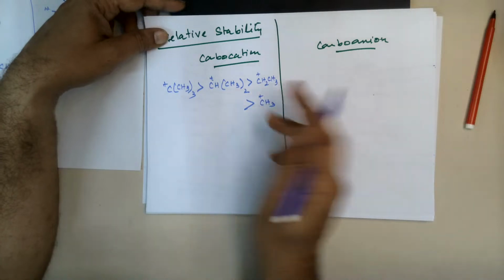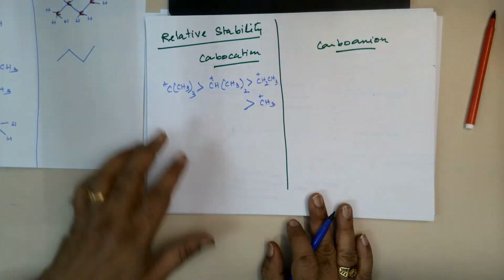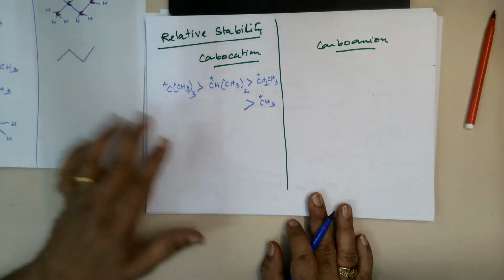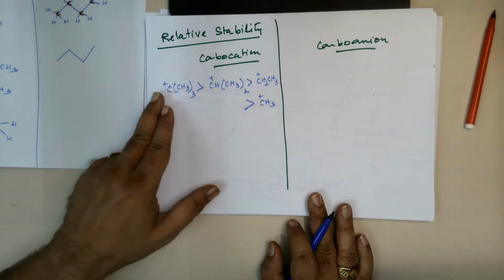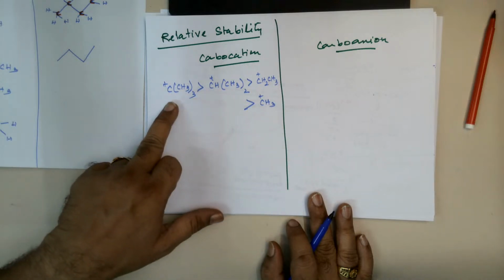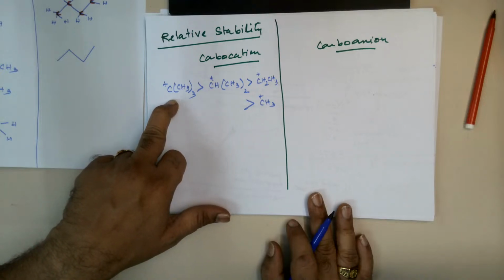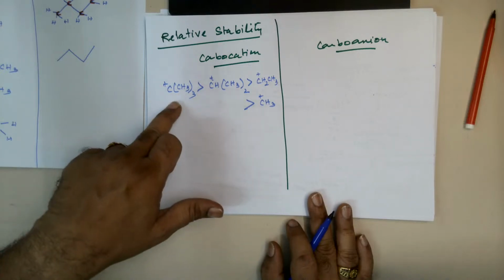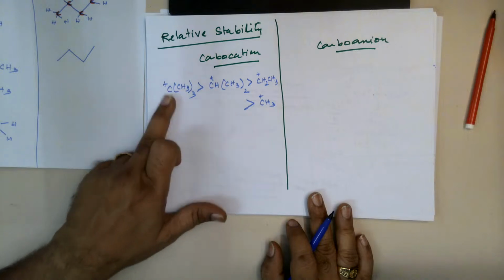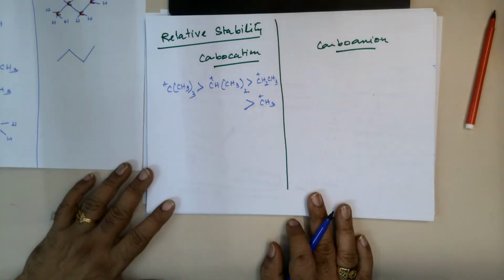So this is the way you should understand. It means the highest is this, the lowest is this. So stability wise, when it is surrounded by more methyl groups, that is tertiary type, that is the most stable carbocation.